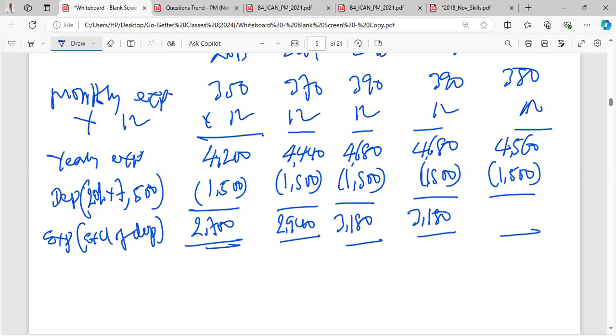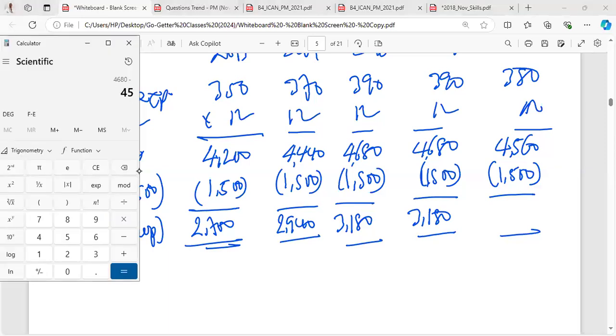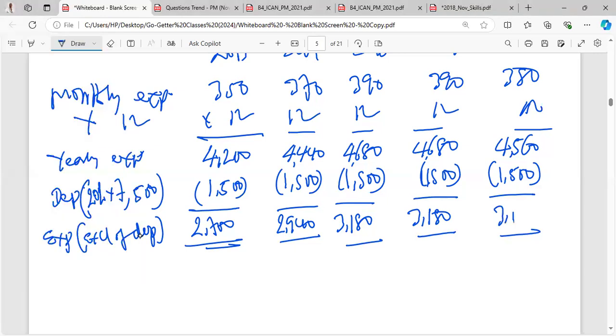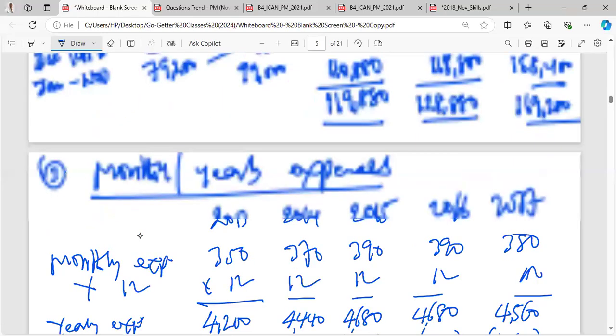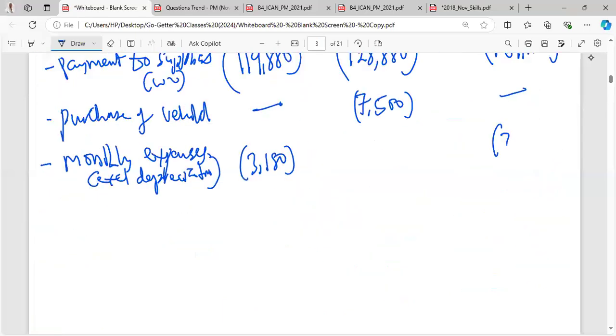Let me just do the last one. 4,560 minus 1,500 is 3,060. So here is 3,060, while here is 3,180.